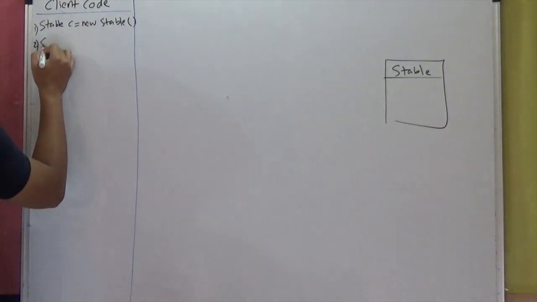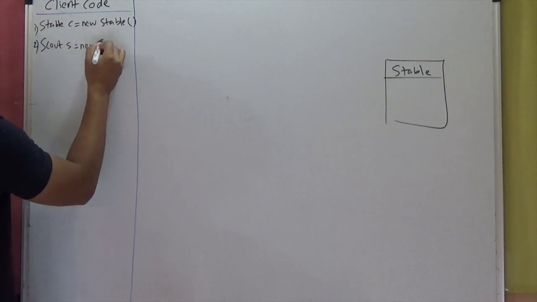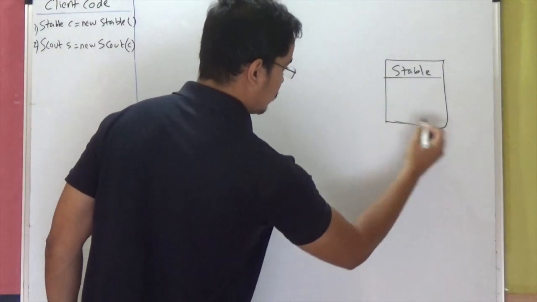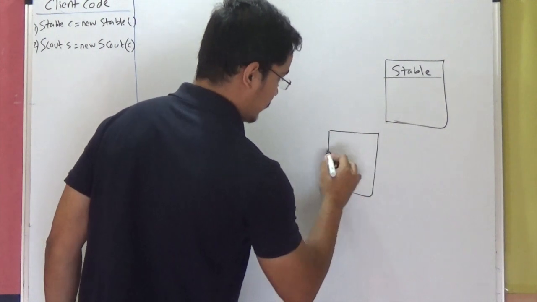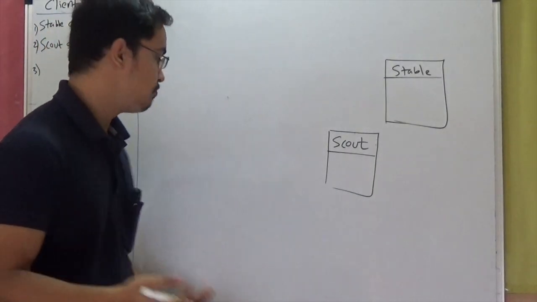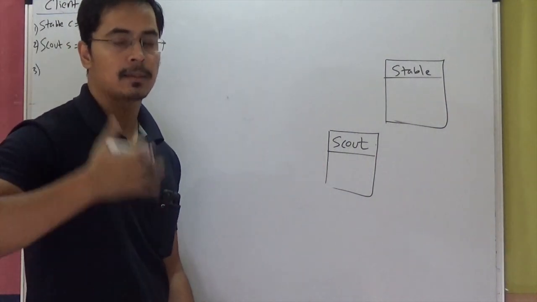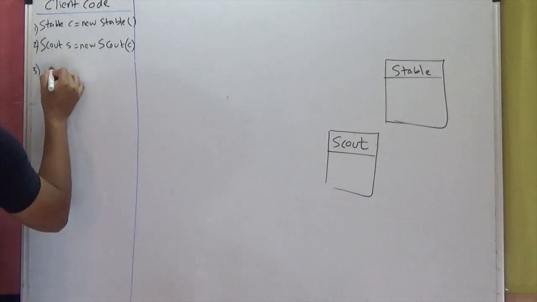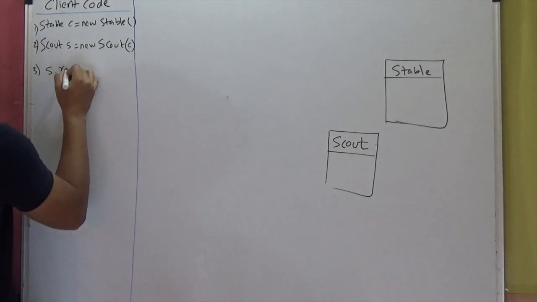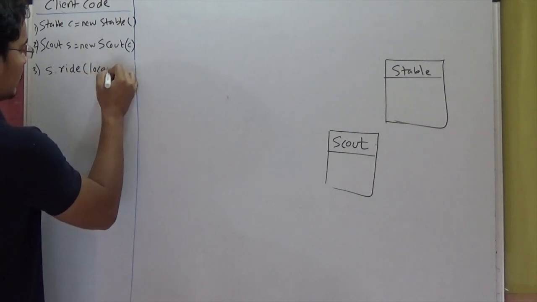Once you have a stable, now you can create a scout. So you'll say Scout s equal to new Scout. Next thing you create is a scout. Once you create a scout, now you have to point him to some position where he has to ride in order to explore more area. So you have to say s.ride, some method, and you'll have to provide some location.